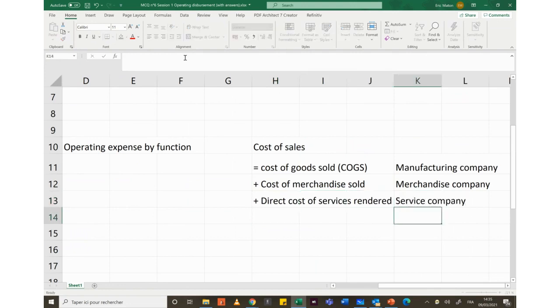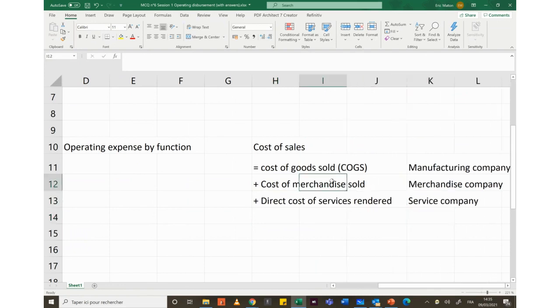So when we talk about the cost of sales, we can have 3 parts. The cost of the products you transform and you sell. The cost of the products you don't transform, what we name merchandise. And the direct cost of the services rendered.